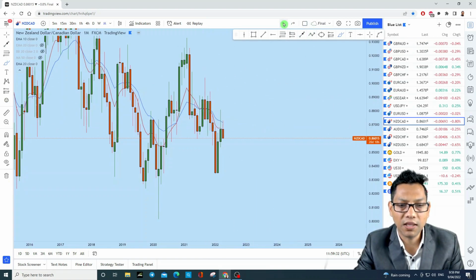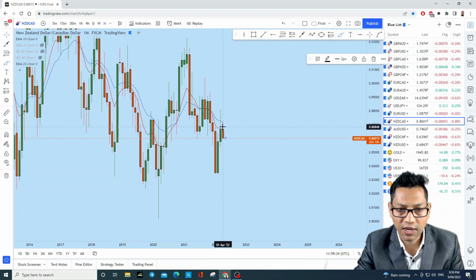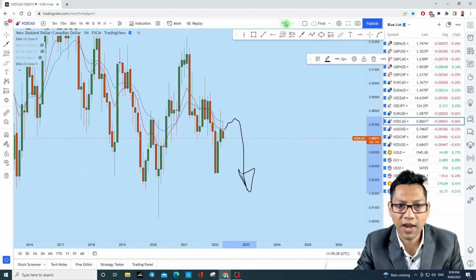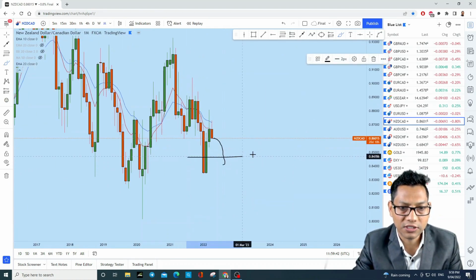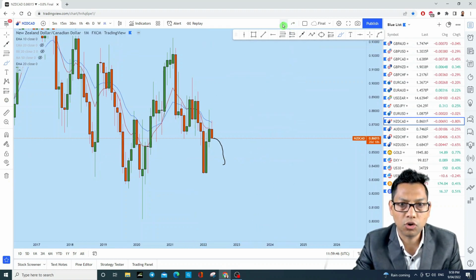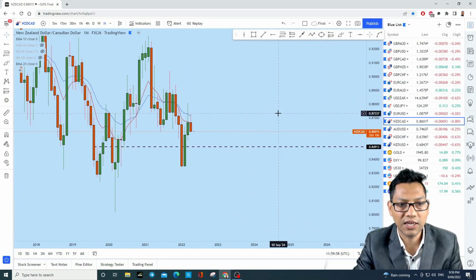And this current month, as soon as the candle closed after a little uprise, the price is now dropping, and I think that NZDCAD will continue to drop at least to the 50% of this green candle. So let's draw this zone here so that you know what to look for in NZDCAD. So I think at least we can expect NZDCAD to drop to this level, which is a significant move.